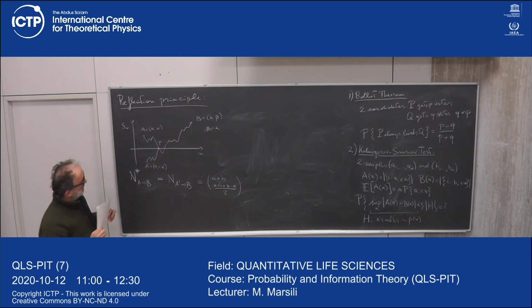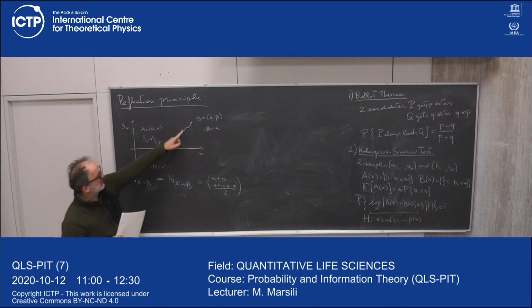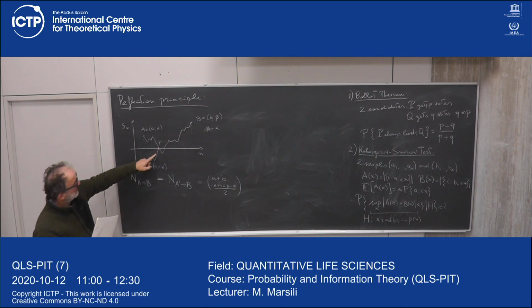Now you see there is a one-to-one correspondence between paths from A to T and paths from A prime to T, and the rest of the path is exactly the same.